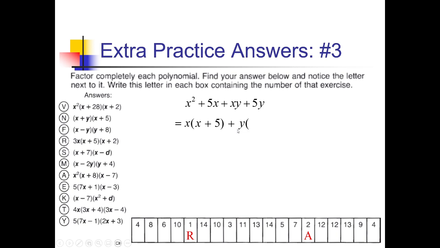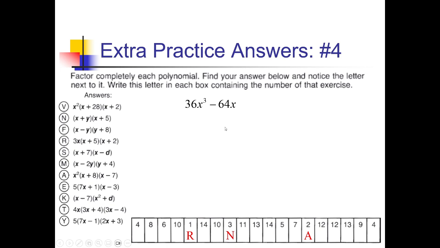So take out a y, leaves me with x plus 5. X plus 5 can come out of everything. And then I just have an x plus y left over for the last factor there. So looking for x plus 5, x plus y. Looks like that's the second option here, n. So I'm going to put that in spot 3, and it looks like that's the only 3 out there.